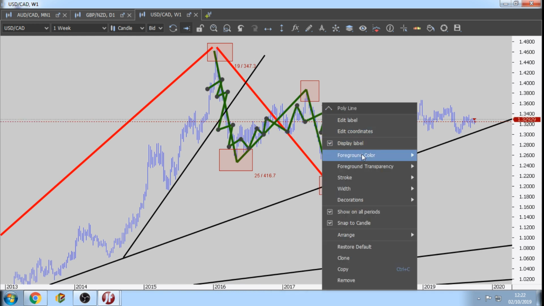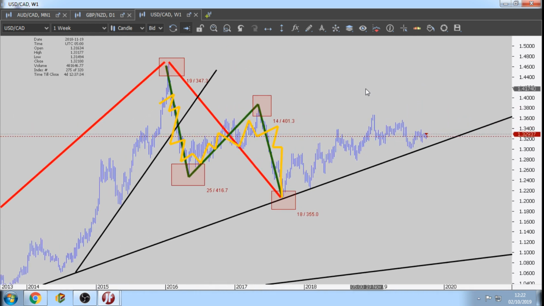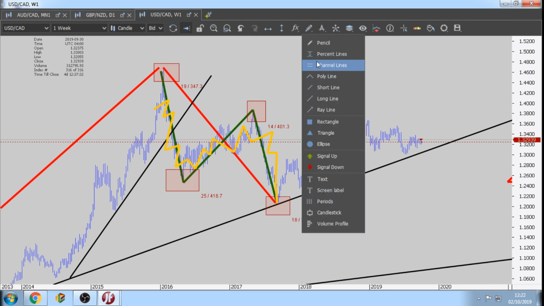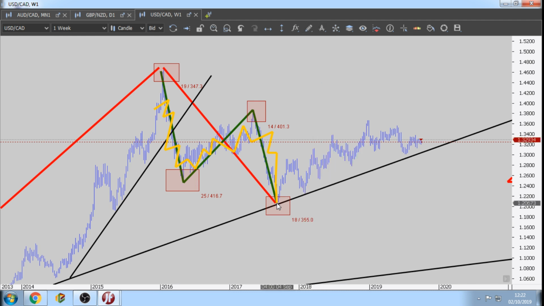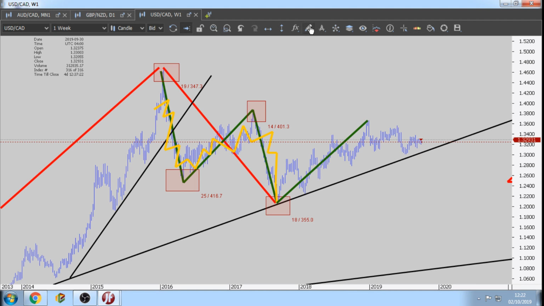There you go. Do we agree on the green line? Do we agree that we have extension, retracement, extension? I'm not right. This is just my opinion, Victor. And we have another retracement until here. Short term. Maybe you cannot see on the weekly, but for sure you are going to see on the daily.